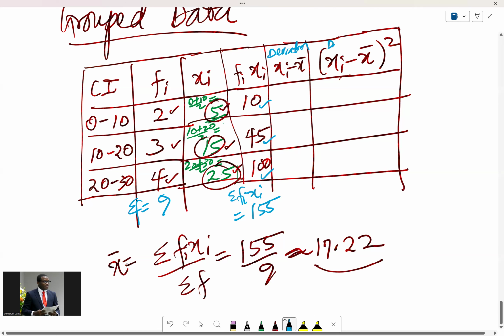So this is deviation, and here this is deviation square. Deviation is the difference between the data point and the mean. So that means here we have 5 minus 17.22.